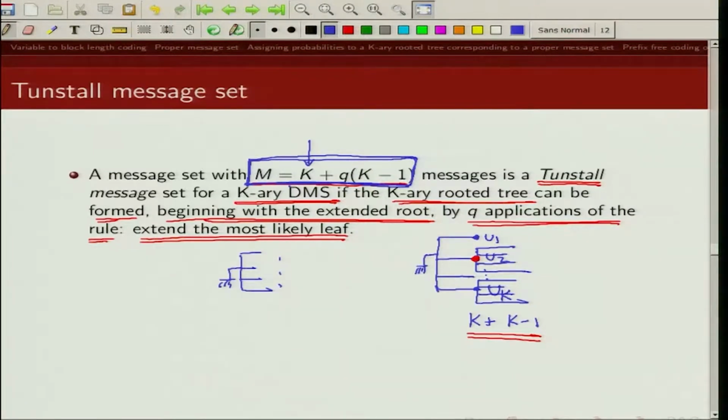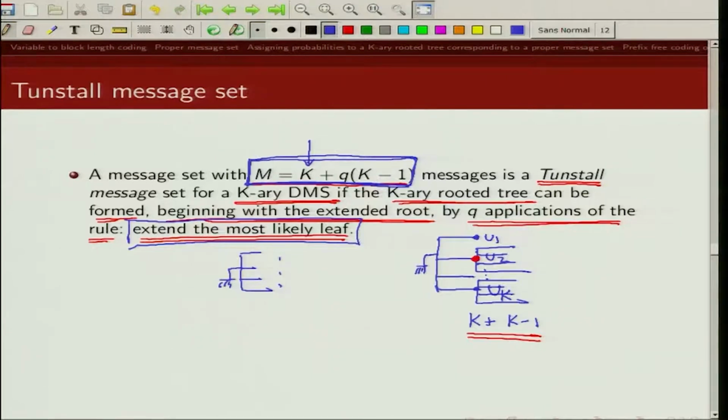Now what I am saying is that this proper message set with K plus Q times K minus 1 messages is going to be a Tunstall message set only if you follow this rule: each time you extend a leaf, you extend the most likely leaf. If you do that, then that's a Tunstall message set.